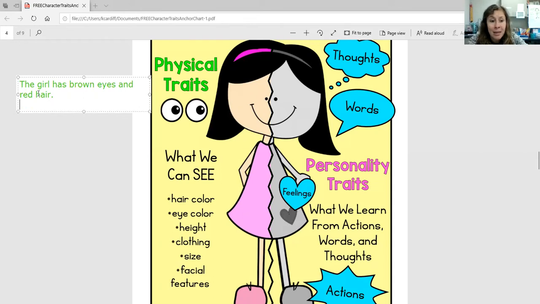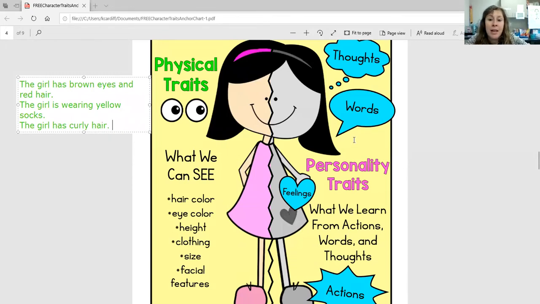For the next day, we would put the girl is wearing yellow socks. The girl, another idea, has curly hair.